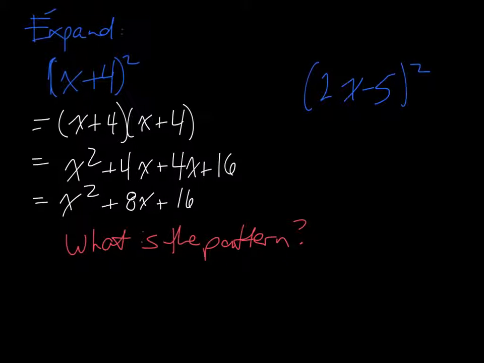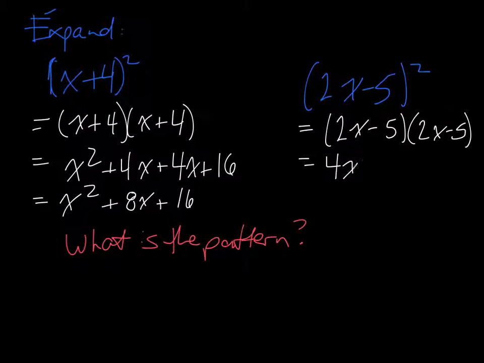So there's a pattern that we're looking for, and I'll just expand this one too to help illustrate the pattern. And again, you don't have to write this first step, but it is helpful for some just to visualize what they're going to do. And again, I'll expand. So what's 2 times 2? It's 4. And what's x times x? X squared. Next I go, what's 2 times negative 5? And 2 times negative 5 would be negative 10x.